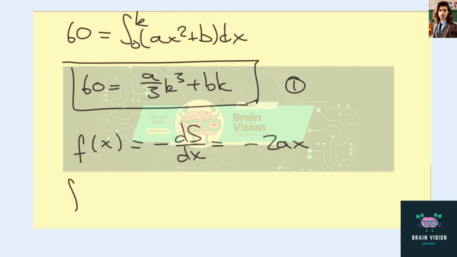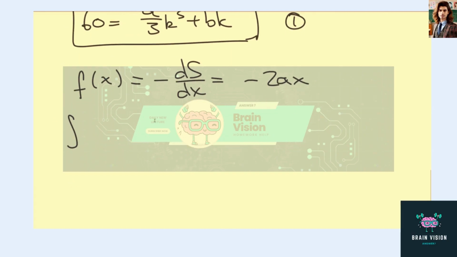And the integral of the probability density function from 0 to k of f of x is going to be 1, because it's a probability density function.